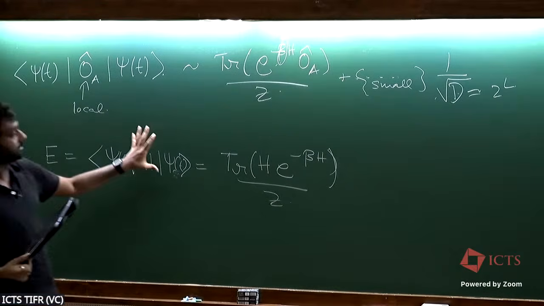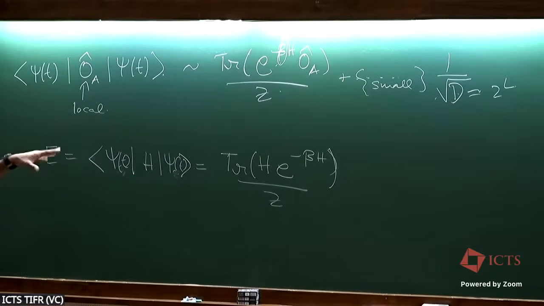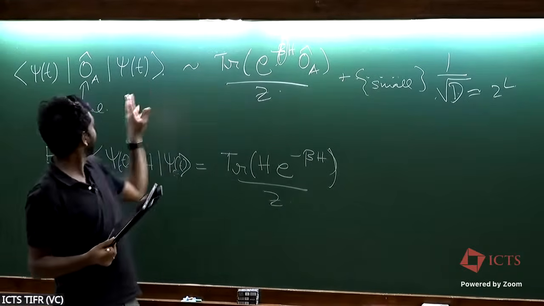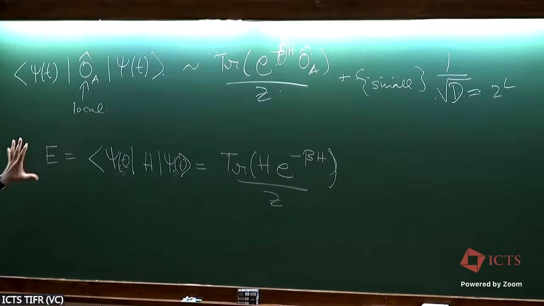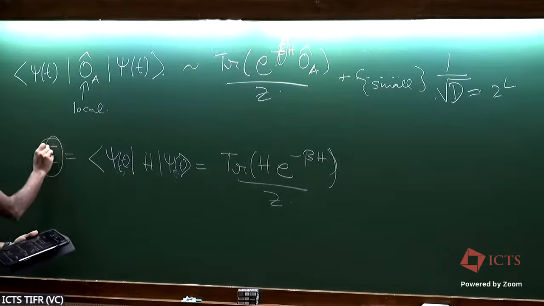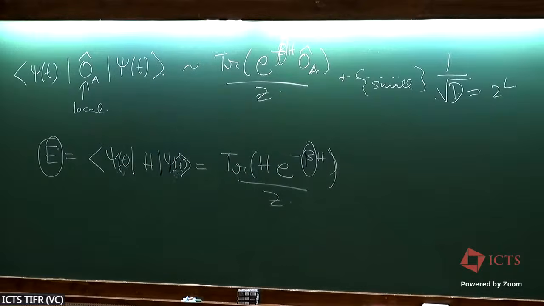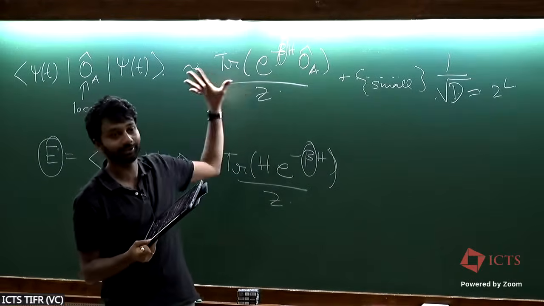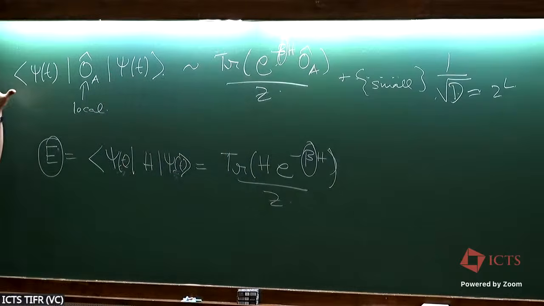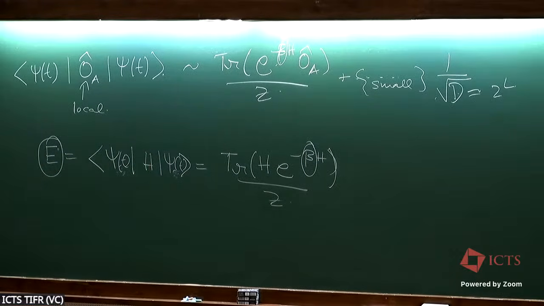Because the Hamiltonian is also just a sum of local operators, you can plug the Hamiltonian in here and compute this. So for any initial state which has energy E, I can associate a temperature beta. Once I determine this temperature, all local operators should satisfy this equation. This is the basic idea of thermalization.